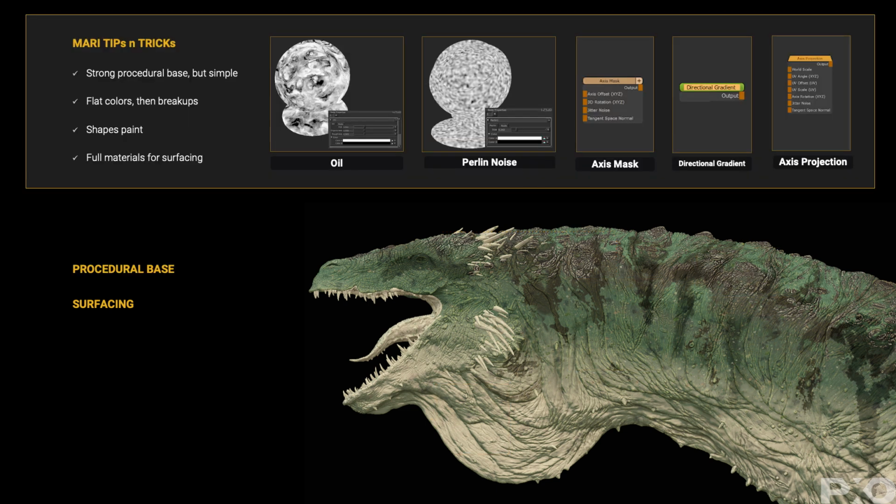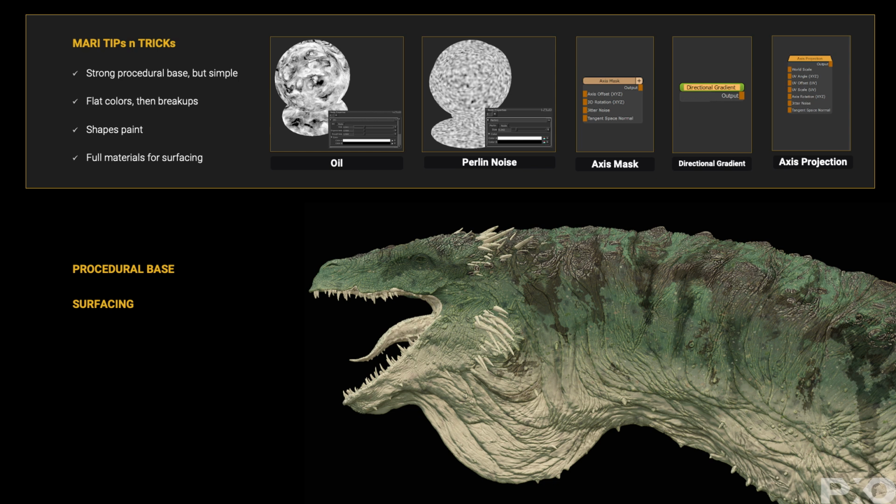And in this phase, I want to give you a little bit of Mari tips and tricks. You will hear me saying quite often that you need to keep things simple. I know it sounds impossible sometimes, but you need to have a strong procedural base no matter what you're doing, and you need to keep in mind that you can always go back to that base.